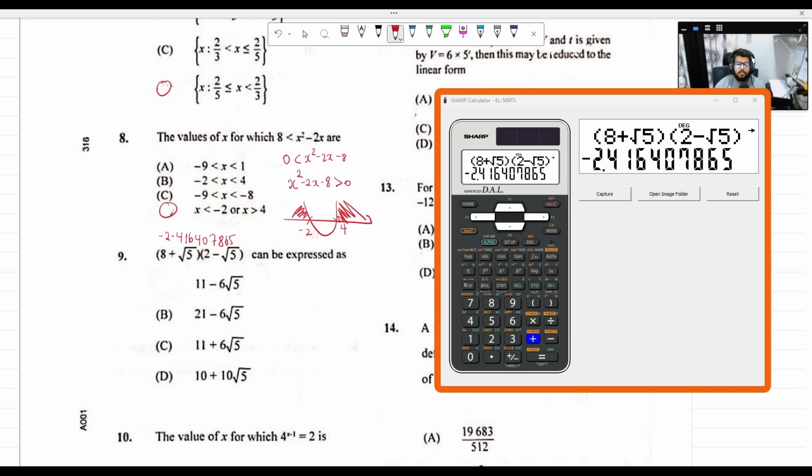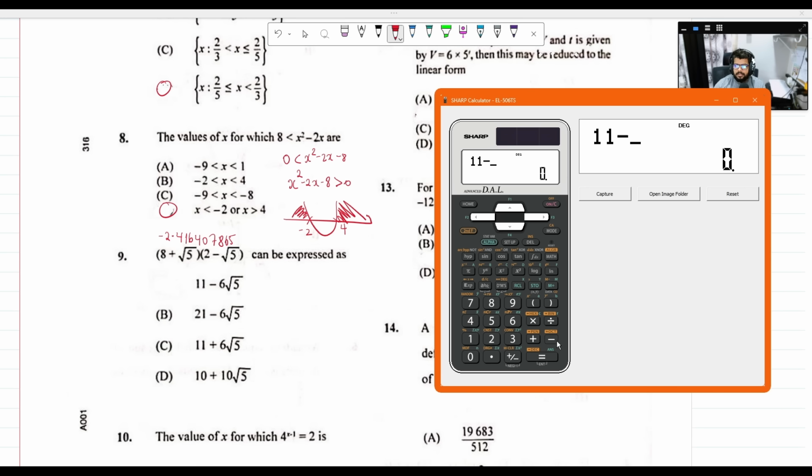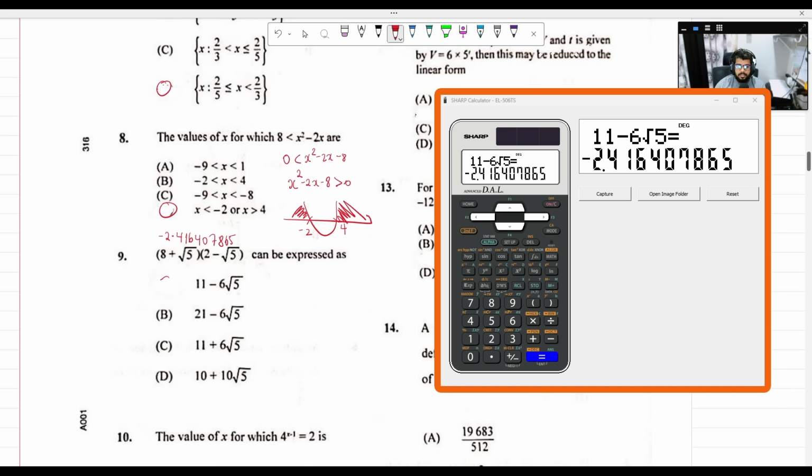2.416407865. Now I decided to write out the entire number just to make sure. What is 11 take away 6 root 5? That is minus 2.416407865. It is indeed the answer.